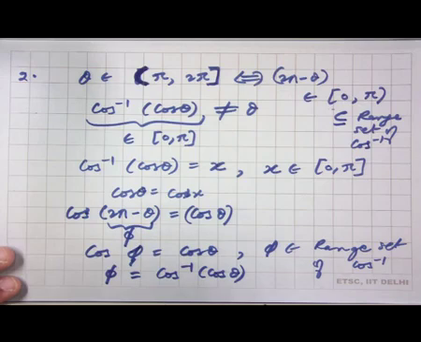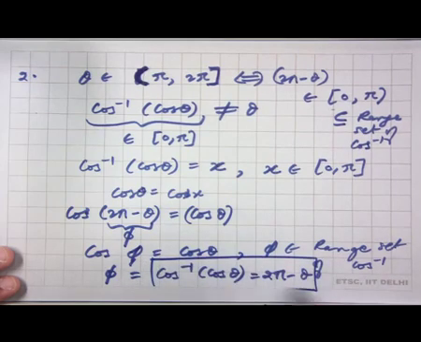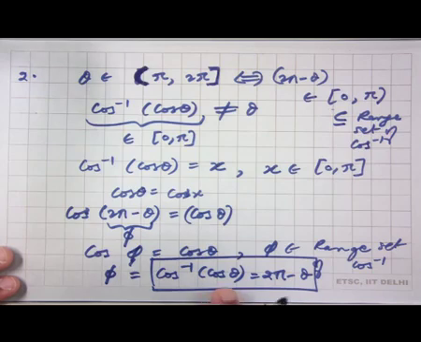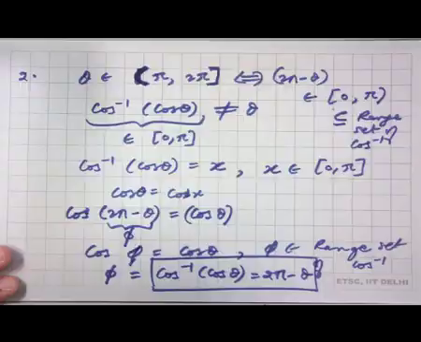So, in the second case, cos inverse of cos theta is 2 pi minus theta.